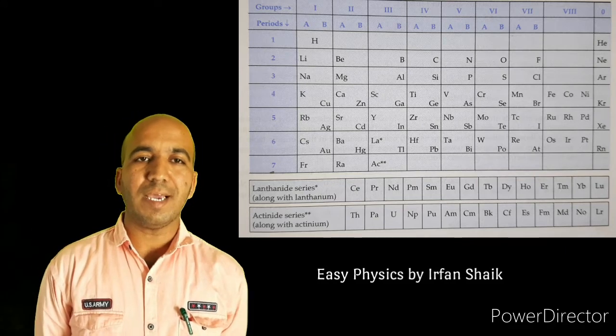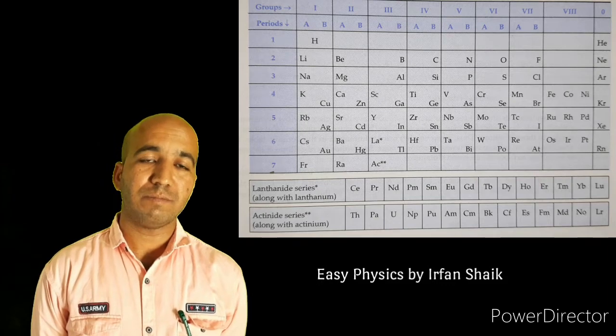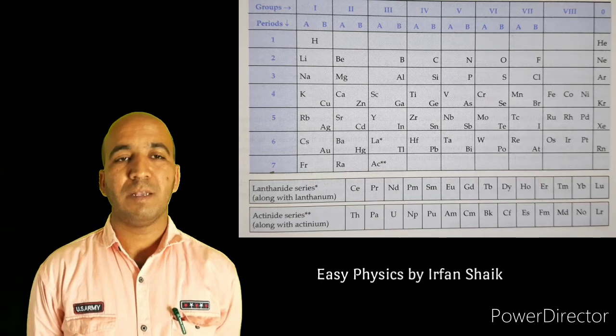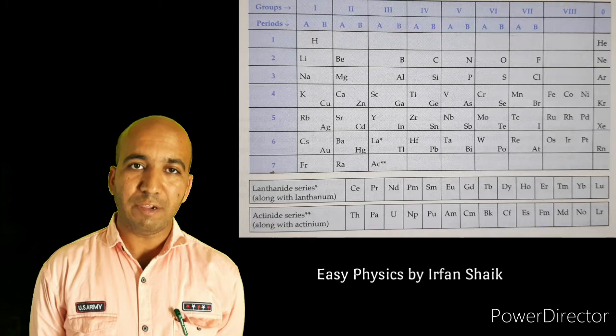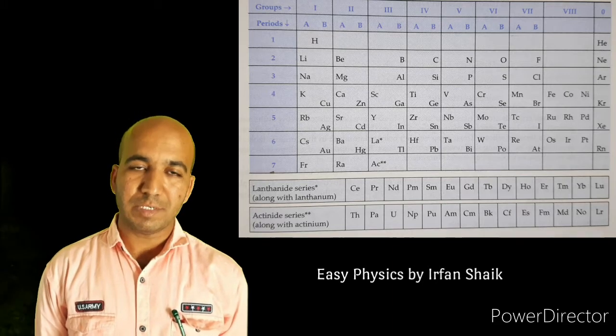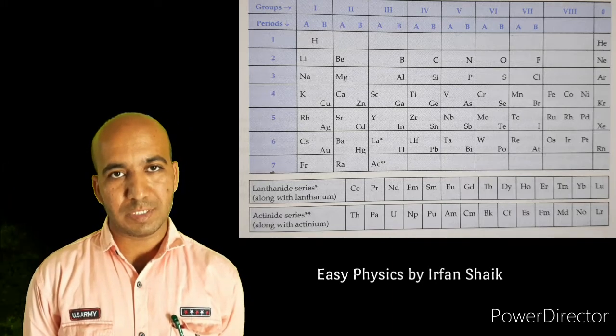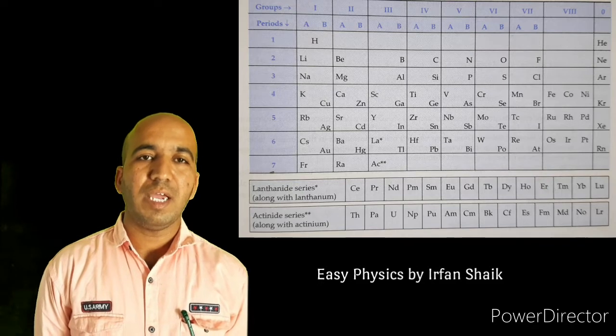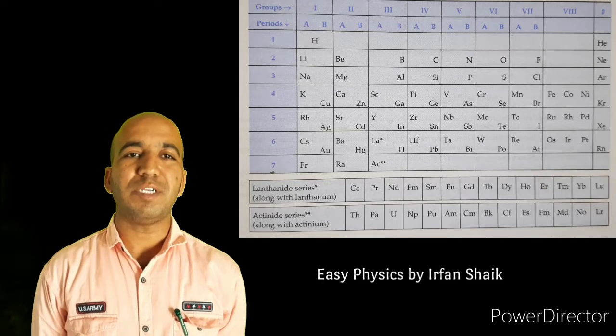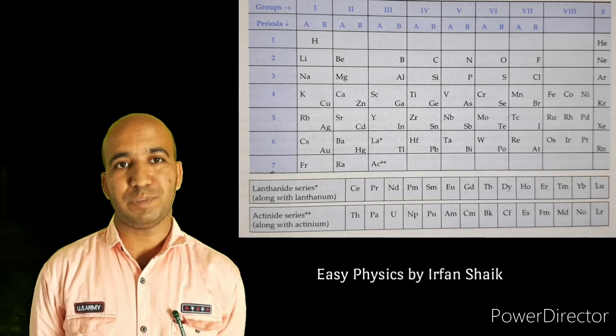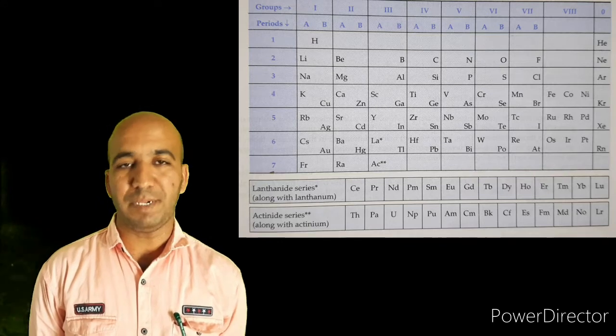In 1A, the elements present are lithium, sodium, potassium. According to Mendeleev, all 1A group elements have similar properties. In the same way, 8 groups have been divided into 2 subgroups, that means A and B.